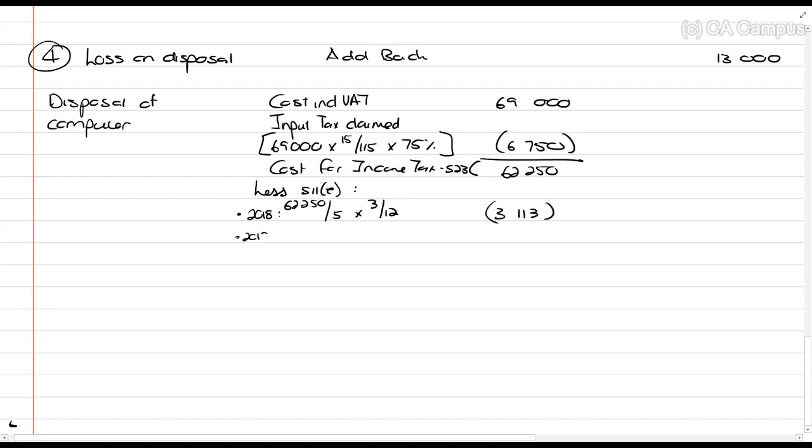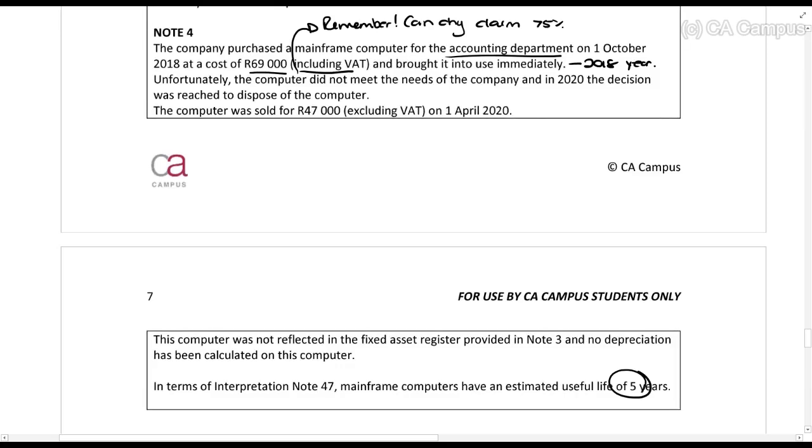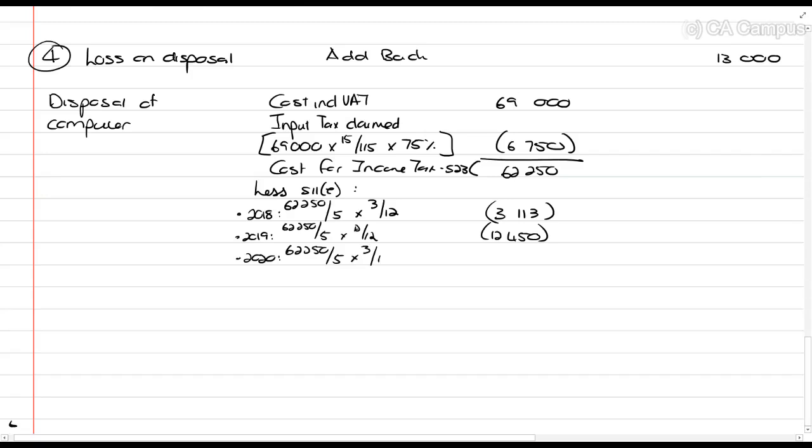Then in 2019 we used it the entire year. And in 2020 we used it for how long? On the 1st of April it was sold, so we used it for January, February, March. Okay, very important here guys.